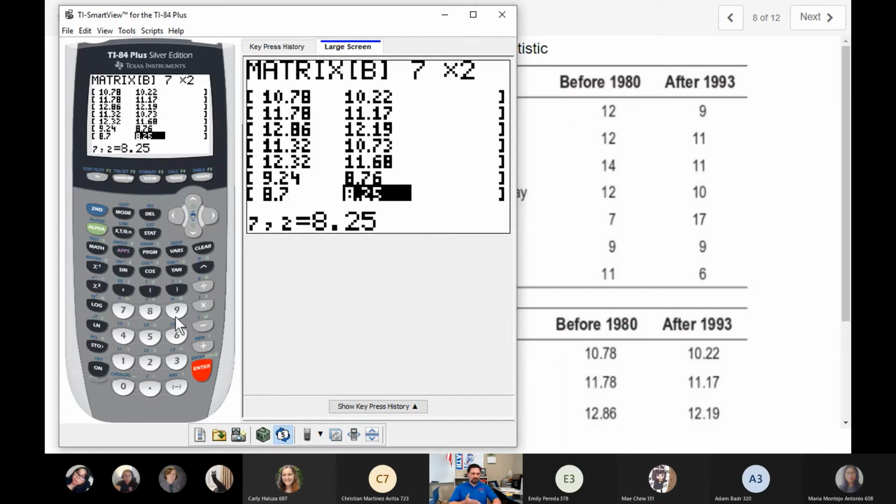And we have all of our expected counts based on these two tables of information we've been provided.